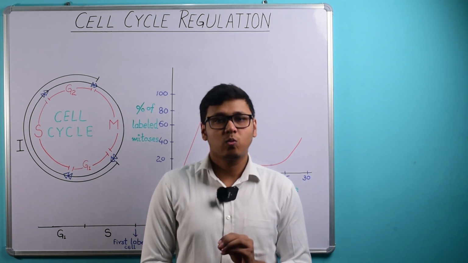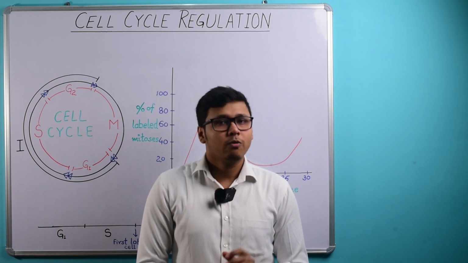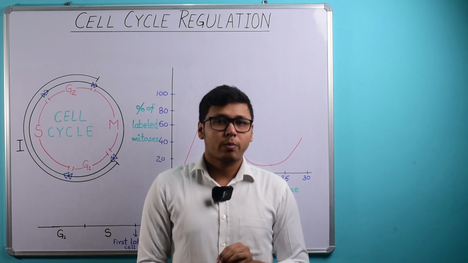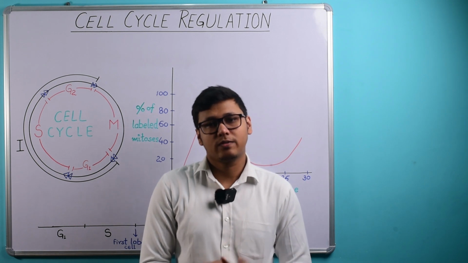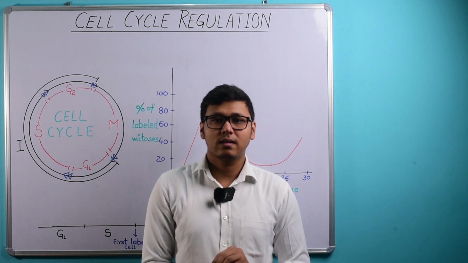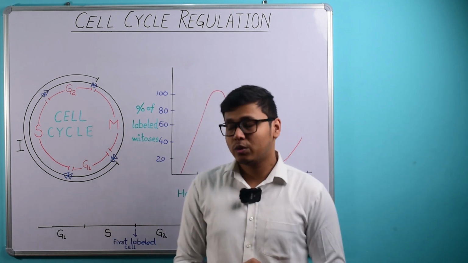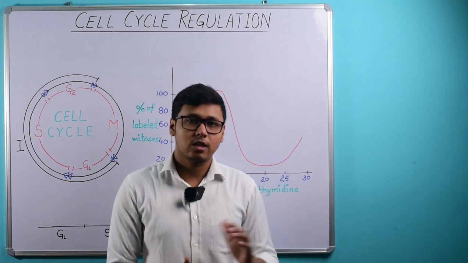So what we are going to do now is take a culture of growing cells and treat it with tritium thymidine for approximately 30 minutes. Tritium thymidine will get incorporated into the newly synthesized DNA of the cell. That means only those cells which are in the S phase during this treatment will get the tritium thymidine.